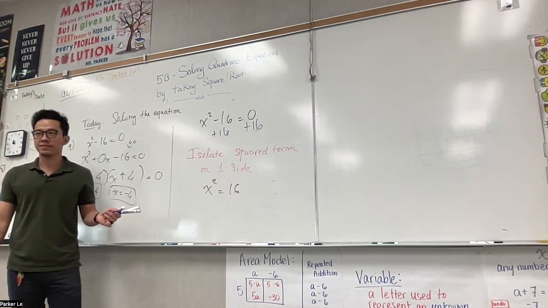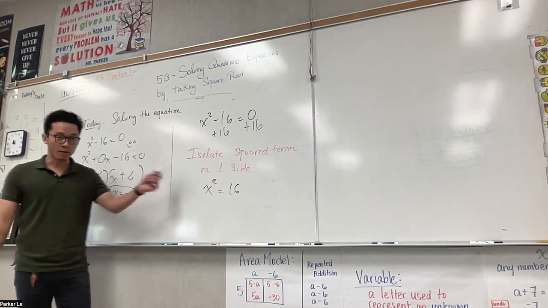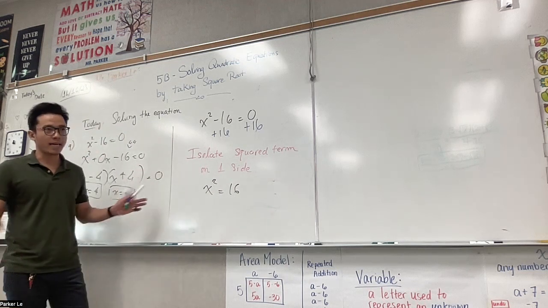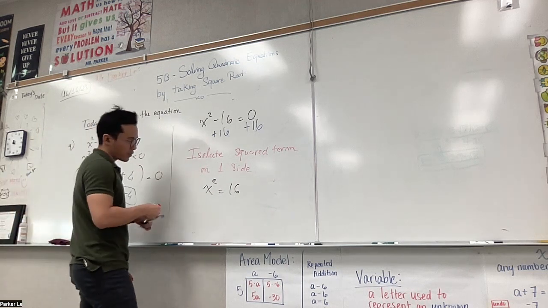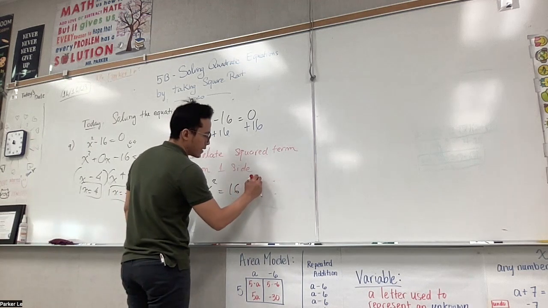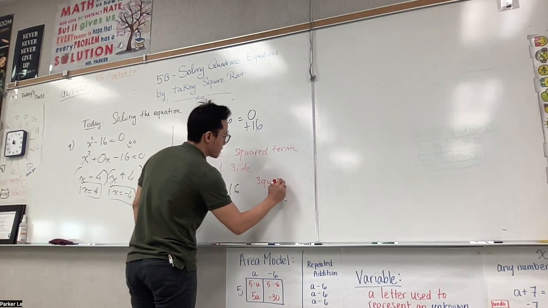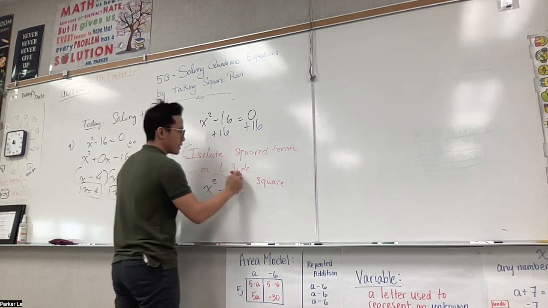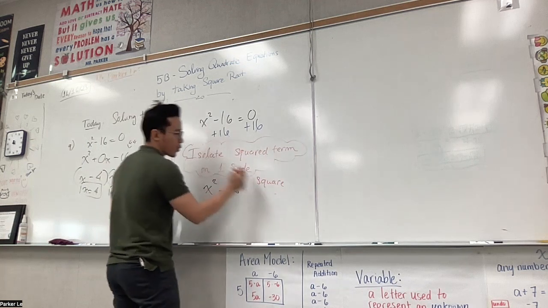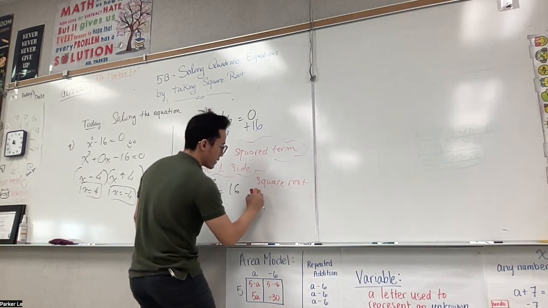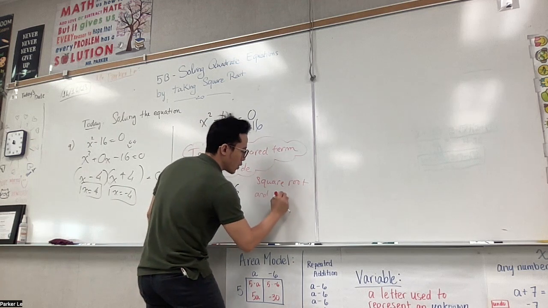Now what are we going to do? We're going to take the square root of both sides. Remember, square root and square cancel each other out.